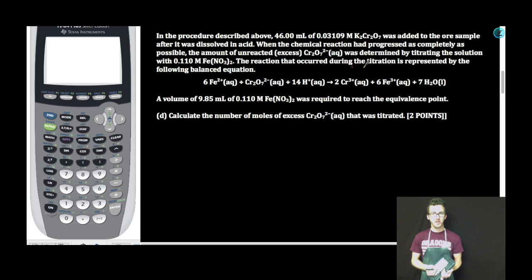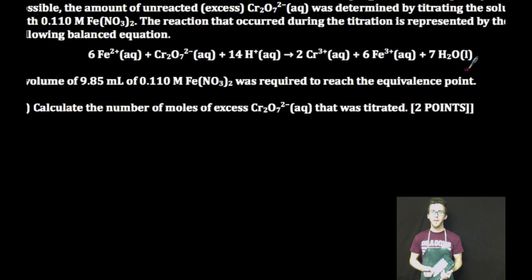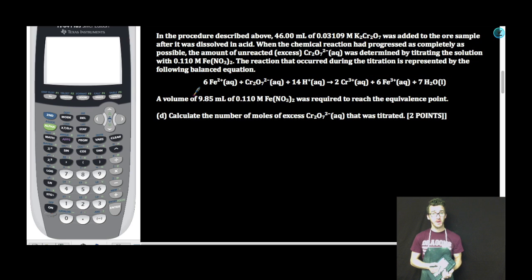The reaction that occurred during the titration is represented by the following balanced equation. A volume of 9.85 mL of 0.110 molar iron(II) nitrate was required to reach the equivalence point. Calculate the number of moles of excess Cr2O7 that was titrated.